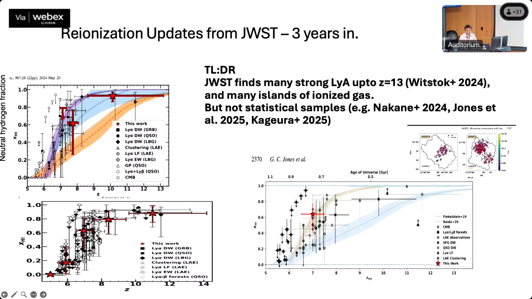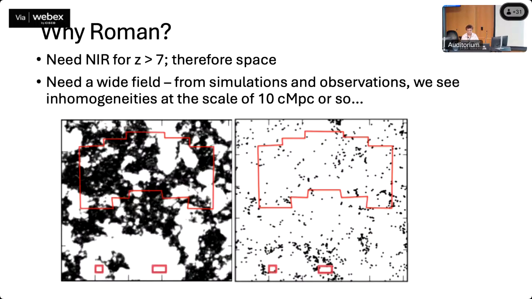So we need statistics to bring those error bars down, but we also need to offset the systematic effect that one JWST field is about the size of one bubble or something. So we expect reionization to be inhomogeneous.